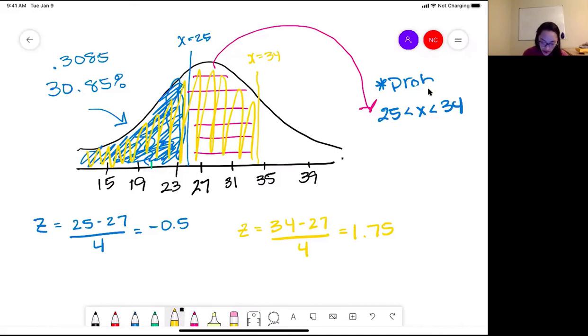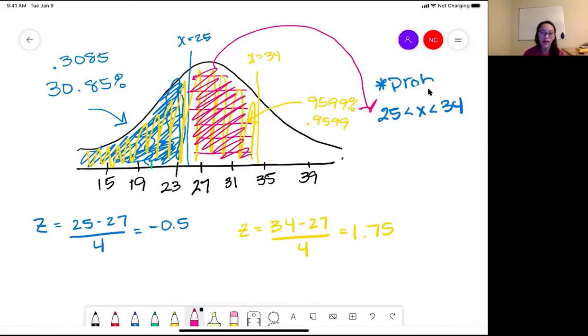So this yellow shaded area is 95.99% or 0.9599 in terms of probabilities. Okay, but remember, I don't care about those individual ones. I only care about this area here. So how do I find that pink area?